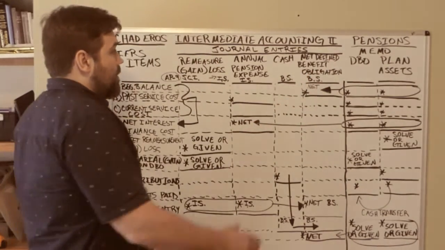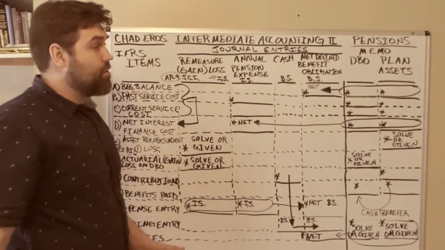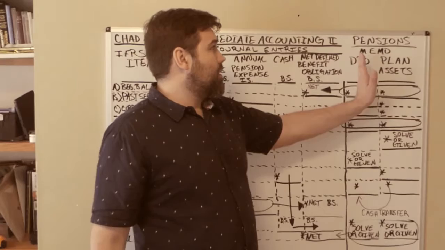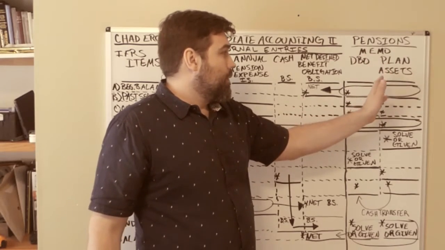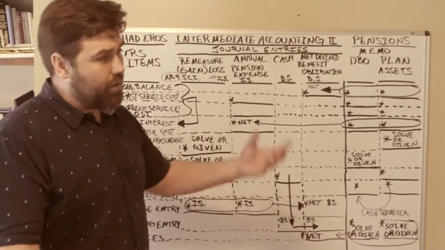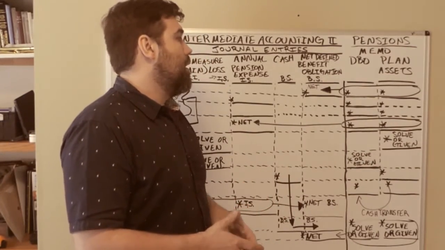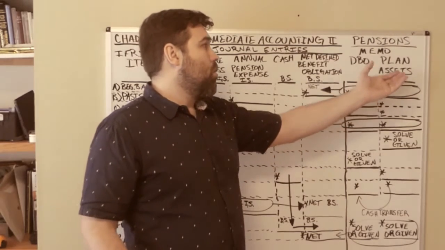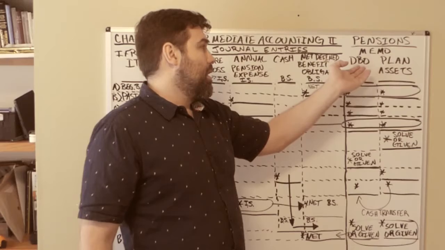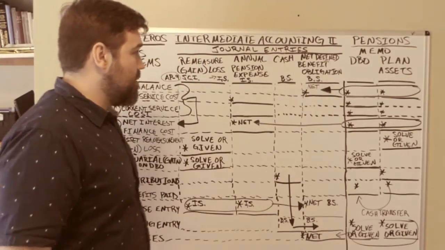Okay, and these go on our company's financial statements, and the pension plan itself is actually not a part of the company. So you'd have like some sort of trust set up, or a different business entity that would be holding the plan assets and keeping track of the DBO.